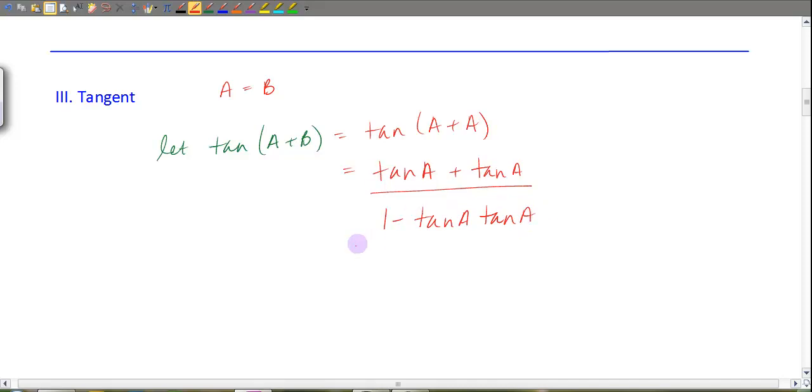So we're just going to clean this up, and it ends up looking like 2 tan A over 1 minus tan squared A. And that's what the double angle for tangent happens to look like.